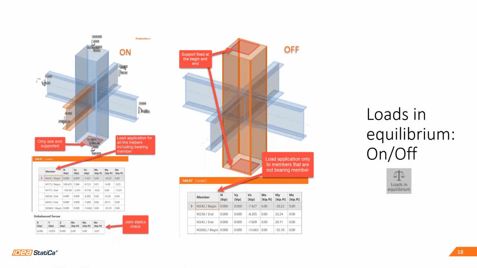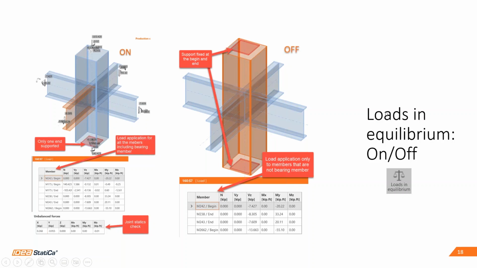This option, the loads in equilibrium option, is activated by default, but you can unselect it, and that will fix your support member at both ends if that member is continuous. Okay, so you know that every member can be either ended or continuous, and in this case, if it's continuous, that will fix both ends.